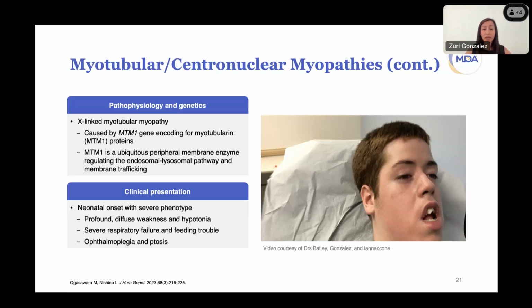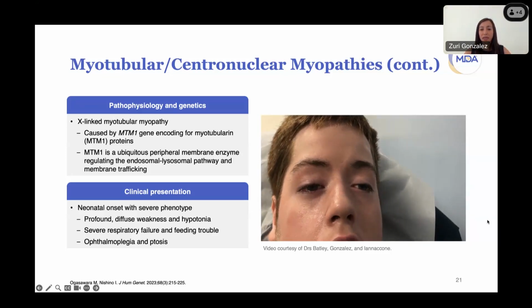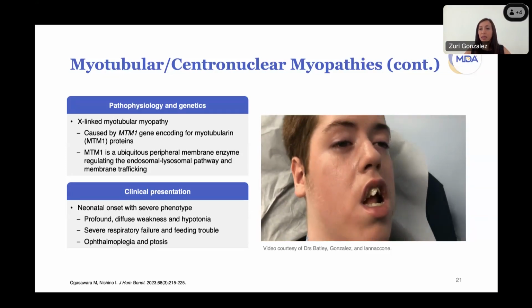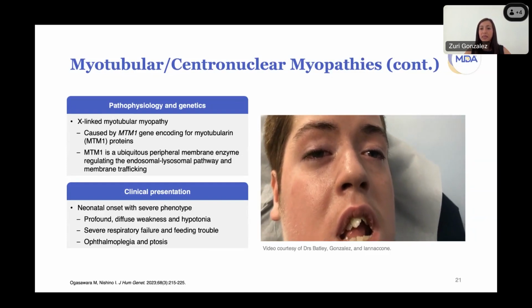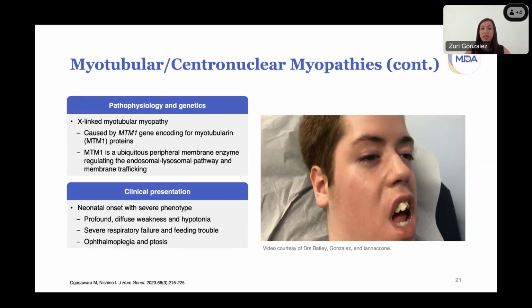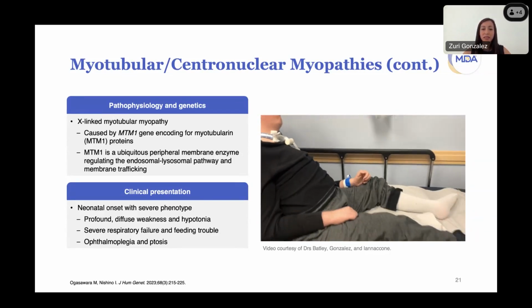They have severe weakness and hypotonia, as well as severe respiratory failure, needing a feeding tube, and they can have ophthalmoplegia and ptosis, as we can see in the video on the right. You can see this patient has complete inability to move the eyes. You can see the myopathic facies. And as you will see in a little bit, he is trach and G-tube dependent.